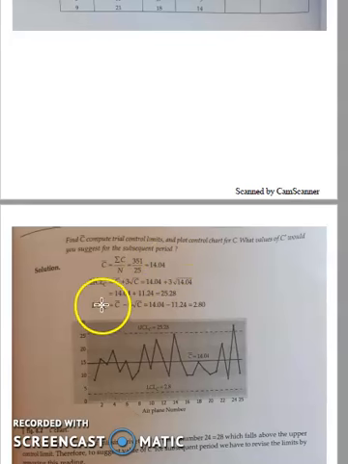You will get c-bar. The upper control limit is equal to c-bar plus 3 times the square root of c-bar. Okay, you will be able to calculate the upper control limit. Same for the lower control limit, only you put a minus sign: c-bar minus 3 times the square root of c-bar. Then you will get the upper control limit and lower control limit.